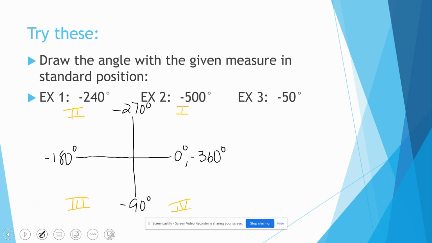So negative 240 degrees is in between negative 180 and negative 270. I'm going to put that right here. Remember, I'm still starting right here at 0, but I'm going clockwise to show my angle measure this time. And we are stopping in quadrant 2.